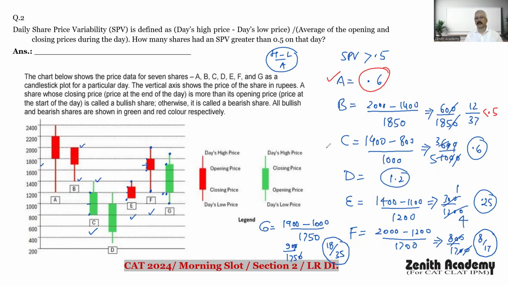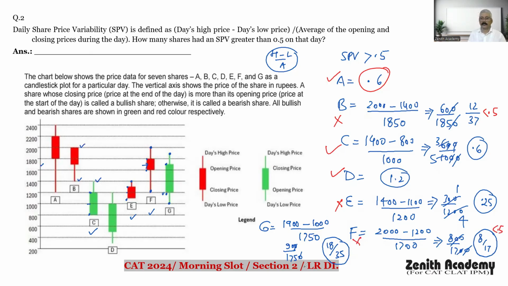Option D, 1.2 is already greater than 0.5. 0.25, no, it is less than 0.5. F, 8 upon 17. So 17 4 ja 68, 17 5 ja 85, right? So it is 18, so it is also less than 0.5.